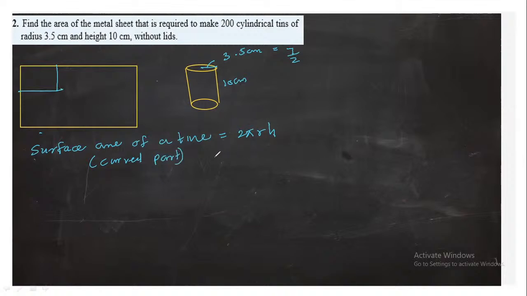Curved part. 2 into 22 over 7 into radius 3.5, so I will write it as 7 over 2, into height 10. Now cancel this and this, and this 2 to this is 11. Yeah, cancel 2.